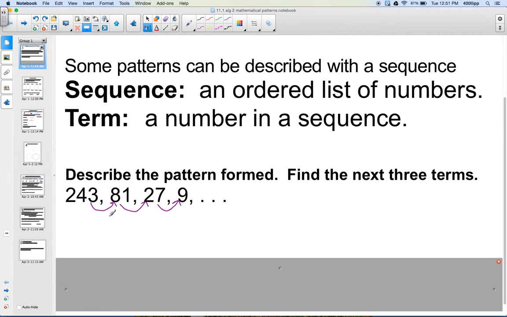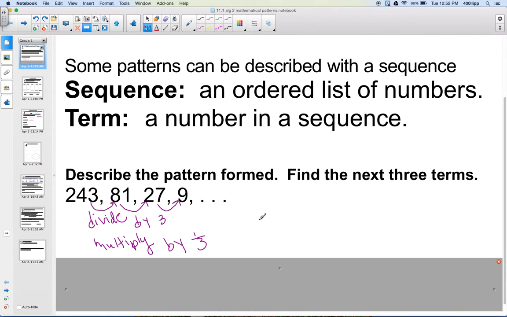So here, to get from 243 to 81, 81 to 27, and so on, each time we are dividing by 3, or that's the same as saying multiplying by 1/3. That's the same thing.